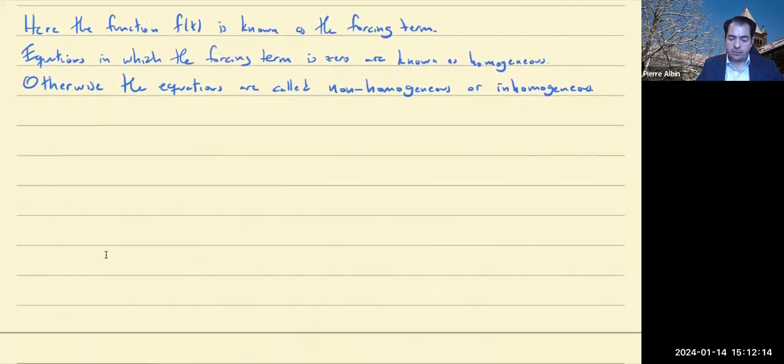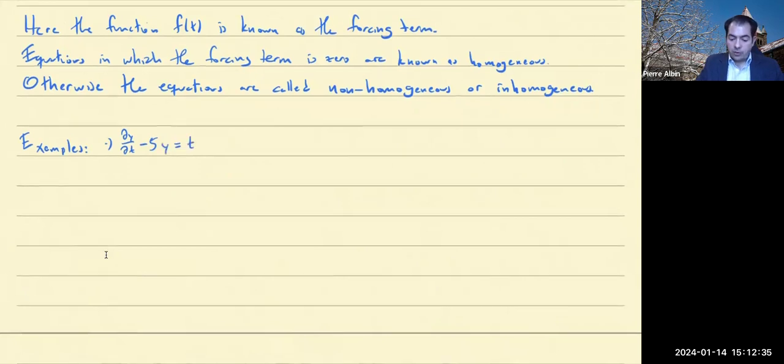Okay, let's look at some examples. If we have dy by dt minus 5y is equal to t, then this is one we've studied already. This is a first order linear nonhomogeneous equation.